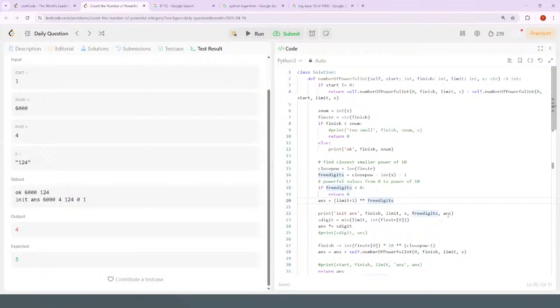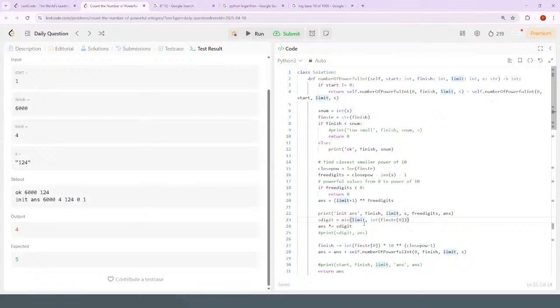But the initial answer is 1, and then 1 times the minimum of... I see. It's because you're considering 1 as the multiplier.